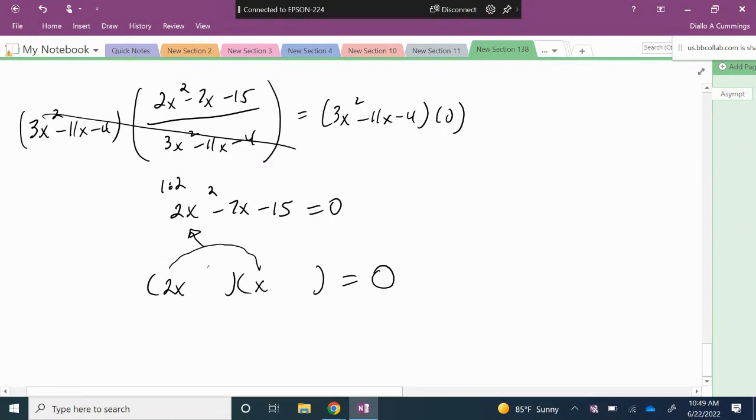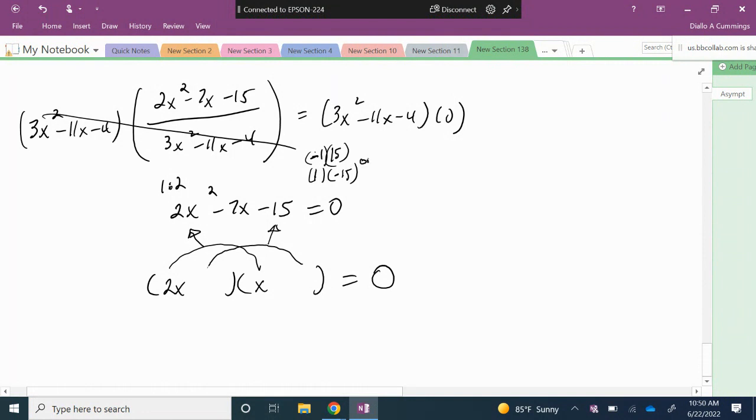Whatever we put as our last terms, we must be able to get the last term in our trinomial. So the only way I can get a 15 or a negative 15, here are my possibilities. I can have a negative 1 and a positive 15. I can have a positive 1 and a negative 15.